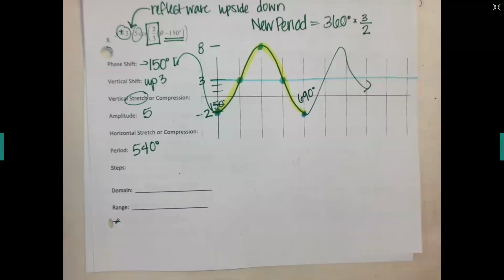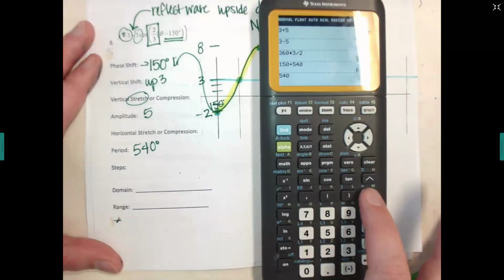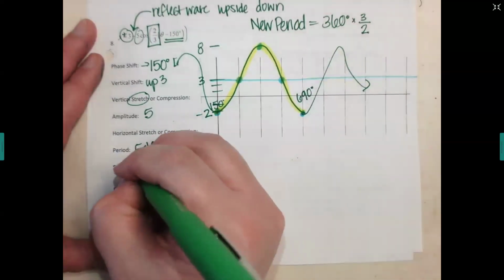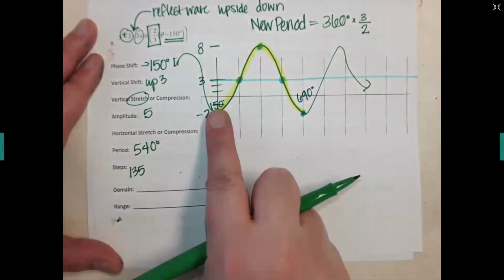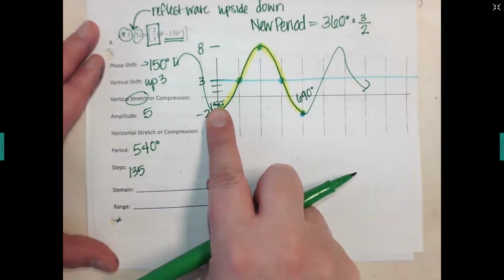Okay, then if I want to break this up, remember I divide that by 4 and then I can measure what each space would be. So what is 540 divided into 4 equal pieces? 135. So in your calculator, type in a 150, then add 135 to that.